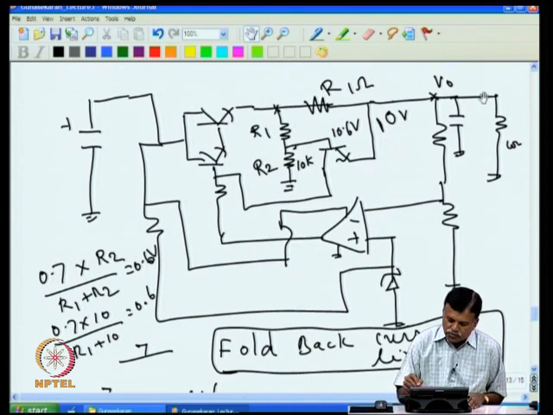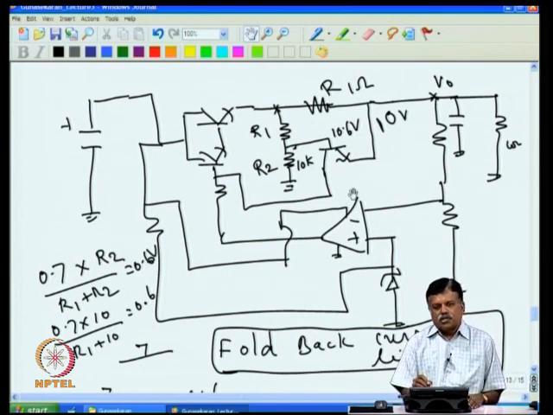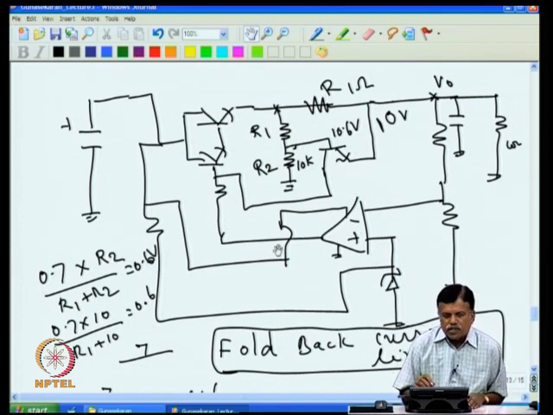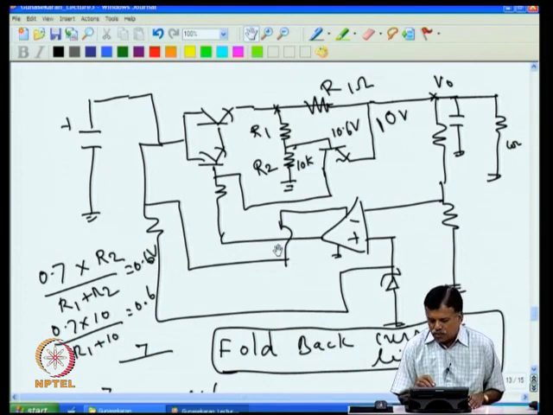Suppose you want output 15 volt, then this can go up to 15.6 like that, and this has to go to 16.2 and 16.8. If you want 100 volt here, then this has to go to 100 volt or more, and you will not get an op amp for 100 volt. So this circuit will not be useful for high voltage application.